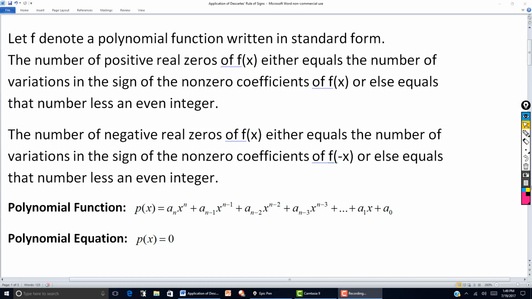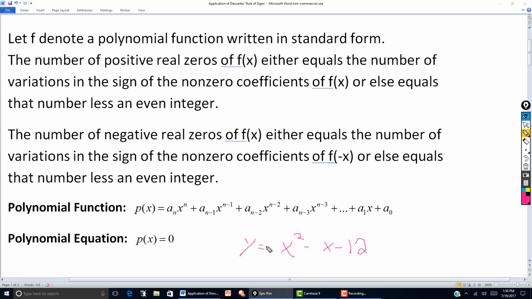So just a quick example here. If I have y equal to, say, x squared minus x minus 12, instead of y, I could use p of x for polynomial, or I could just use f of x. That's not that important.